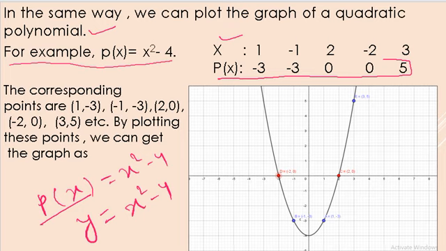So next, the corresponding points are (1, minus 3), (minus 1, minus 3). It is written as an ordered pair. When you put the two values under the small bracket, that is called an ordered pair, right?